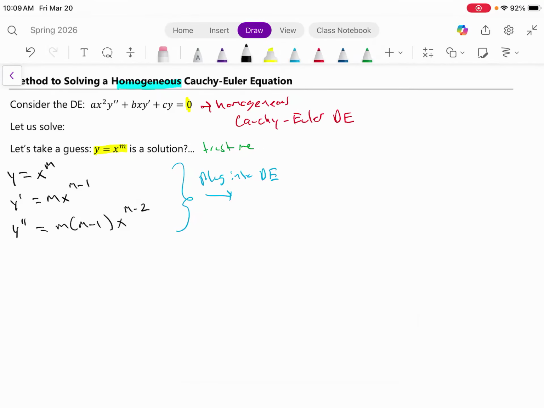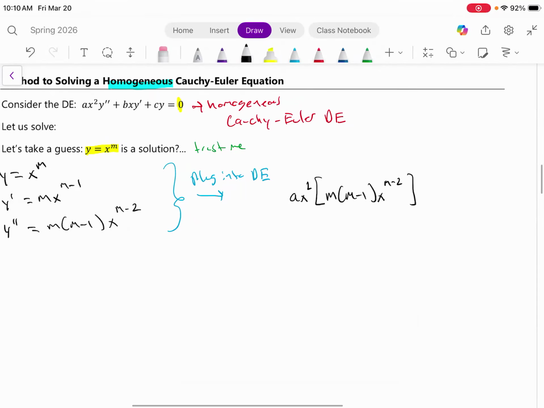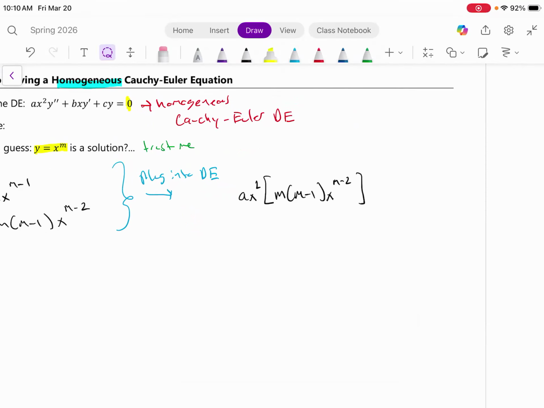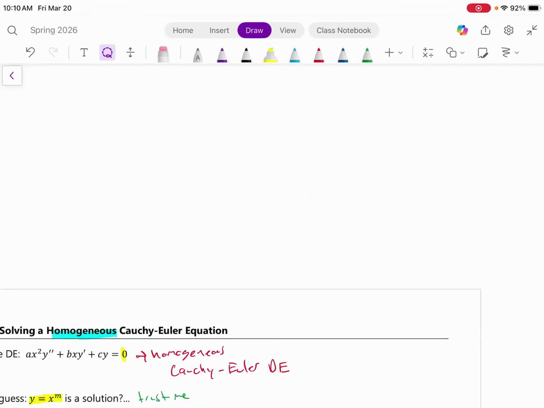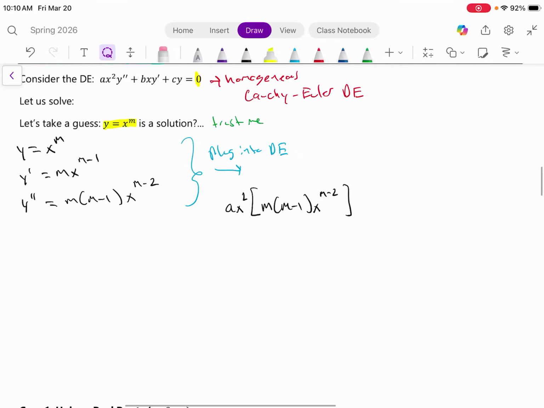We get ax squared times m times m minus 1, x to the m minus 2, plus bx times m x to the m minus 1, plus c times x to the m equals 0.